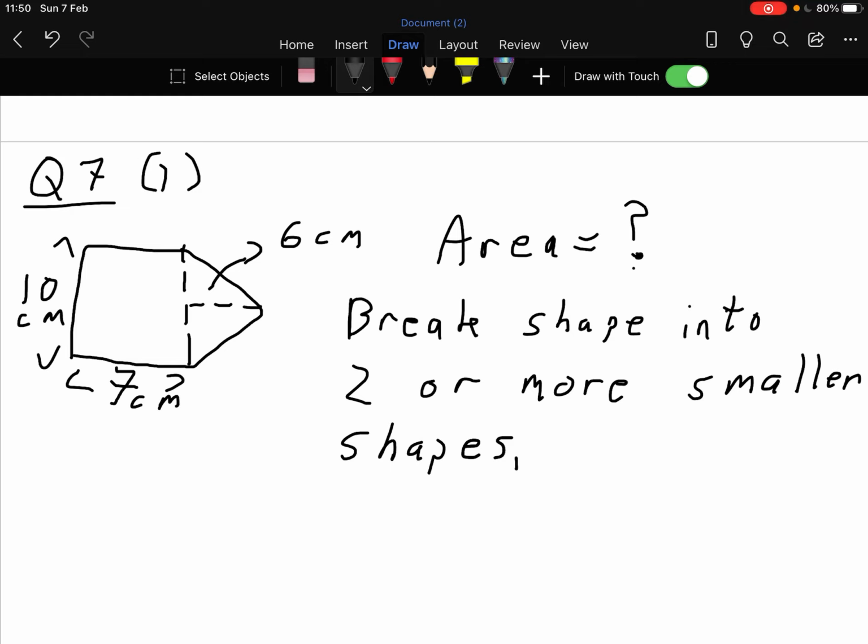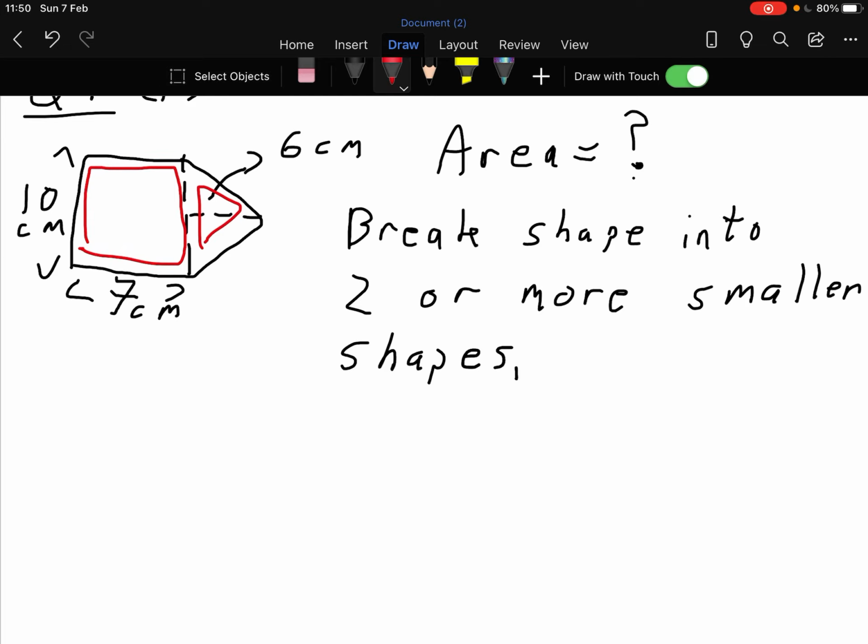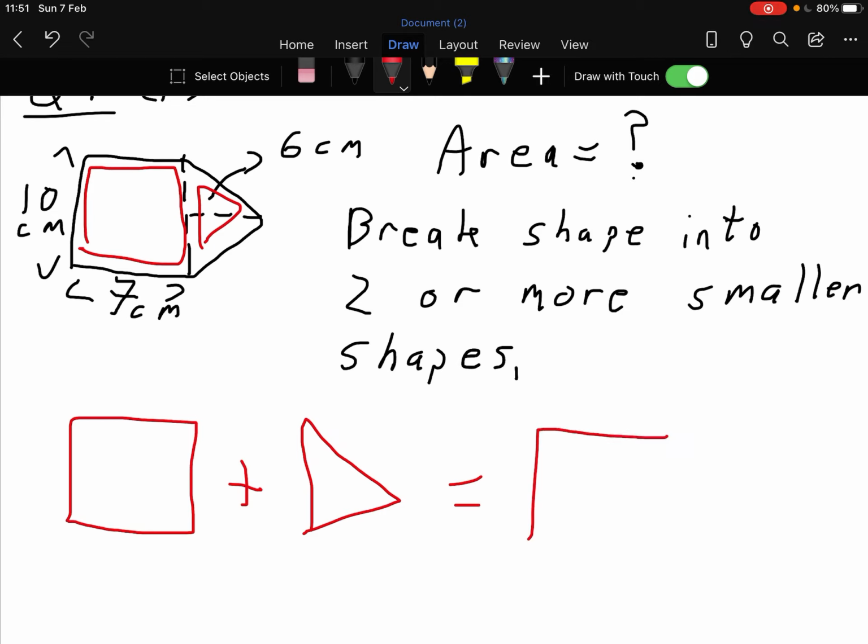Okay, so if we look at this, what do we have here? Well, this looks like a square, doesn't it? And this looks like a triangle. So in other words, we can break this shape up into a square plus the triangle. You see? That equals our shape.